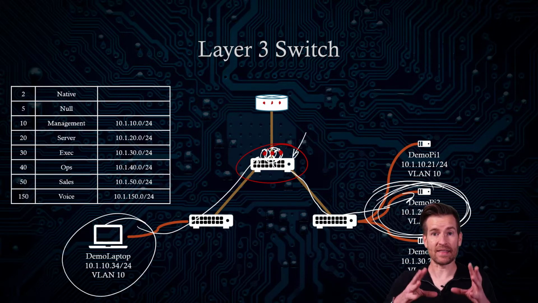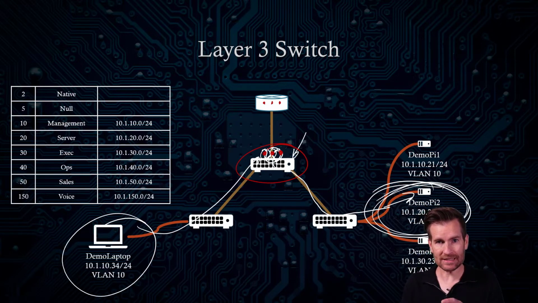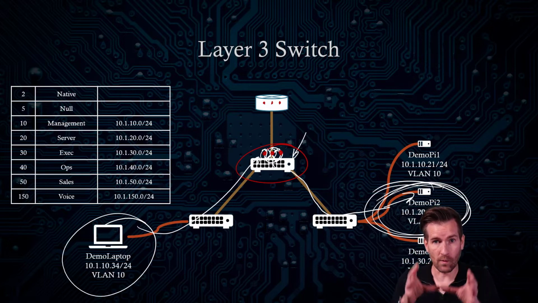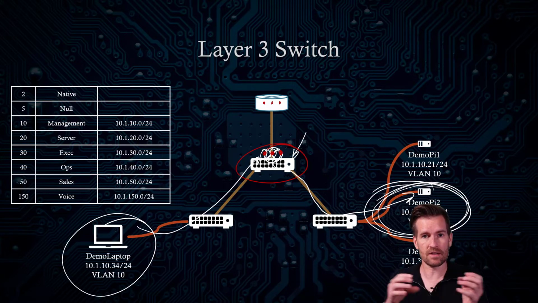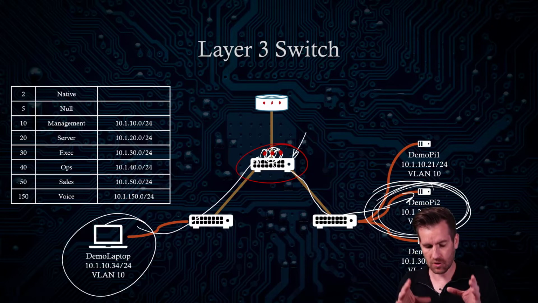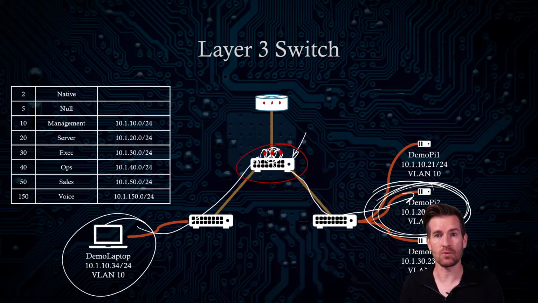So there you have it. That's a layer 3 switch. Essentially, there's a virtual router inside of it. And inside that virtual router, you have switch virtual interfaces, SVIs, virtual interfaces that do the routing between those interfaces to communicate between your different VLANs. That's the third option right there.